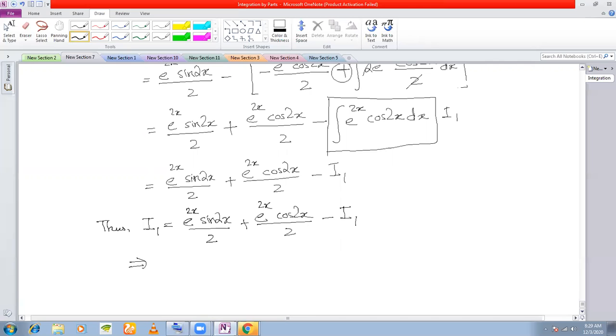So therefore, if you take this I1 to the other side, you get I1 plus I1 is equal to, you can take e to the power of 2x common, you get cos 2x plus sin 2x divided by 2.